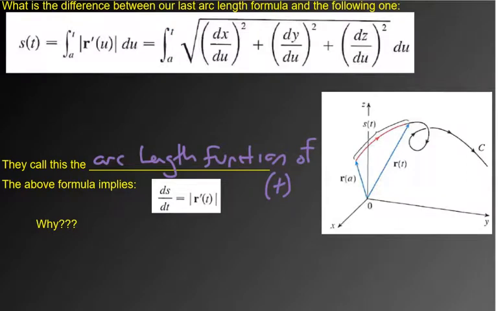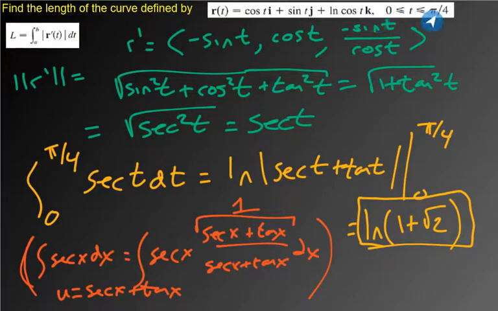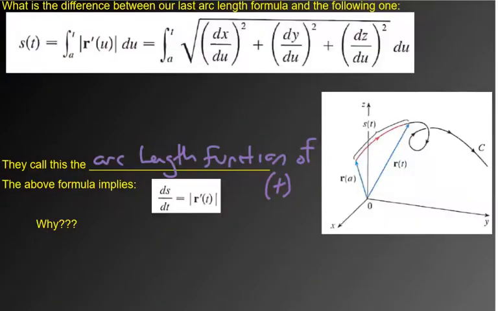And what this thing is doing is it's a bit of a variation on the previous one, because the other one specifically went from A to B, like here's 0 to pi over 4. But this one goes basically from R of A, right here, this vector, up to some R of t vector. So you can treat it as a function of time, and maybe this is time equals 1, time equals 2, time equals 3.